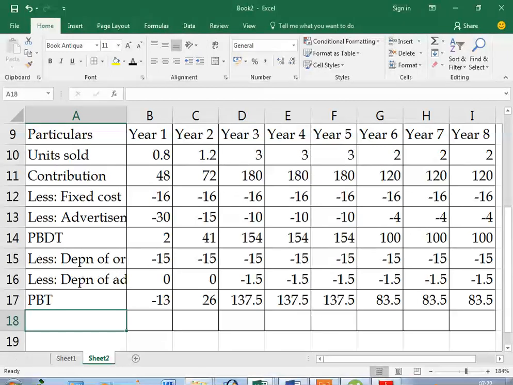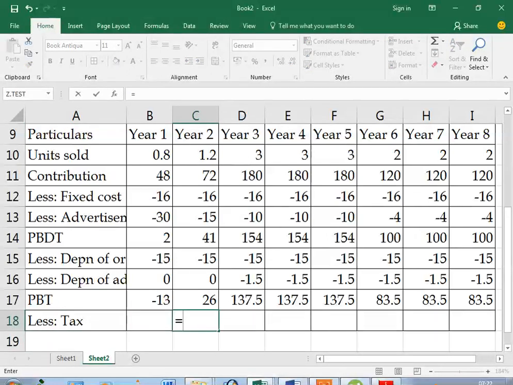So the problem can be of two types. One type, they will not give any information, that you consider tax saving. Second type, they'll say the loss of the first year has to be set off against the profits of the next 3 years, next 5 years, next 7 years. Now please listen. In both the methods, how we are going to work is less tax. What is the tax rate?